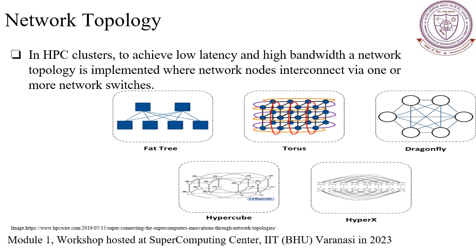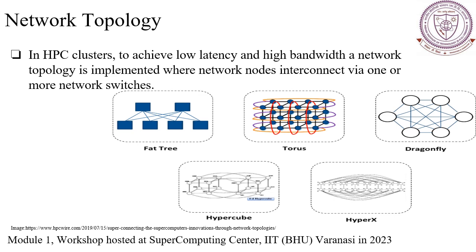It is also well suited for HPC clusters and provides a high degree of scalability and redundancy. Dragonfly. The dragonfly topology is a hybrid topology that combines elements of the fat tree and torus topologies. It is designed to provide a high level of scalability and performance.